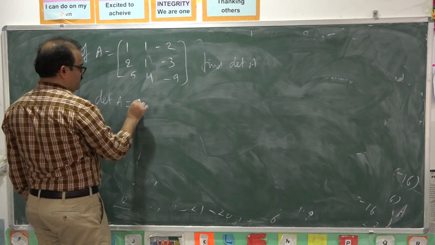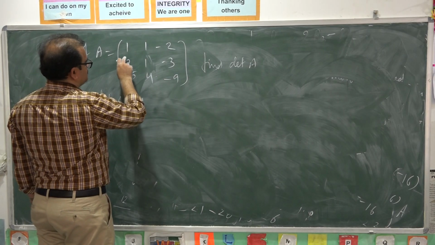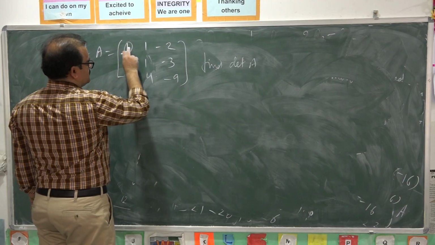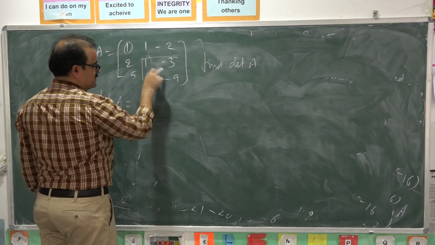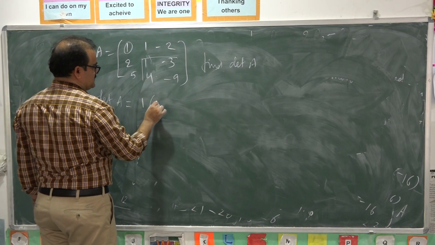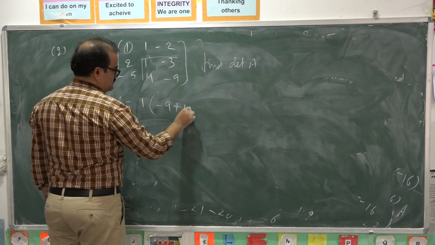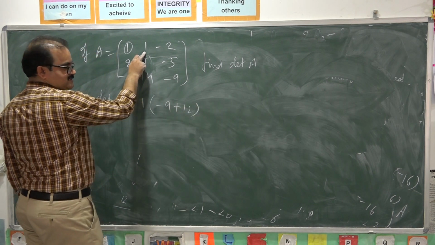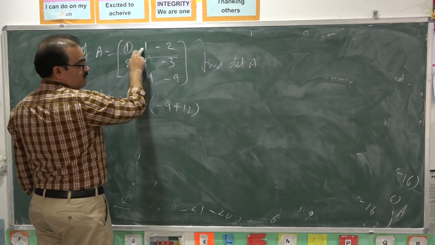Take first row, 1 into cofactor of this one. You delete this first row and second column. You get this matrix. The determinant of this matrix is minus 9 plus 12. Apply minus sign here because it lies in first row and second column.